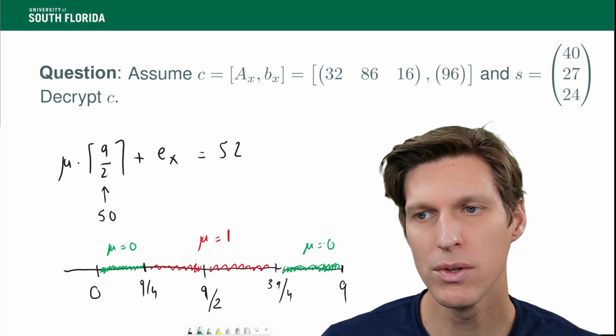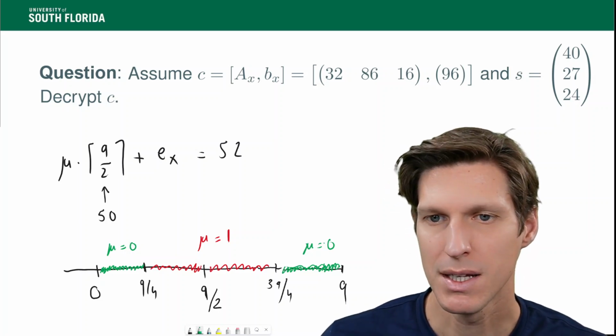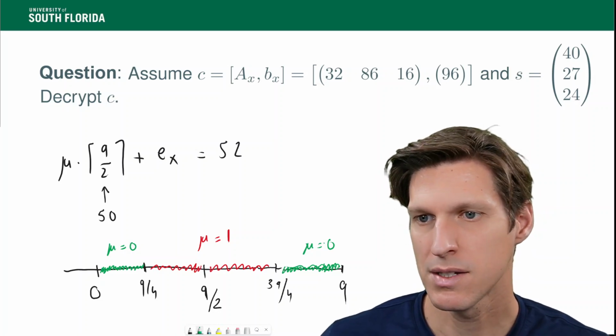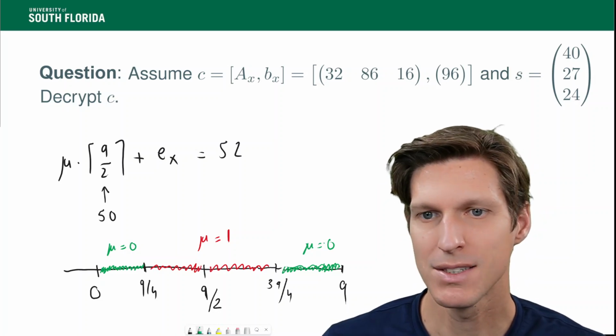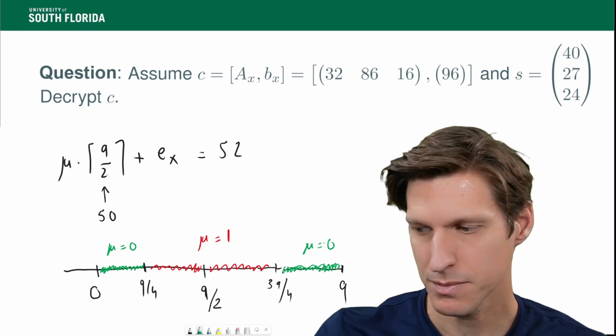You've got to be really careful here. This is the only subtlety. It's really not that much, but bear in mind when mu equals 0, you might find yourself looking at something close to Q as the result of the decryption of mu equals 0.